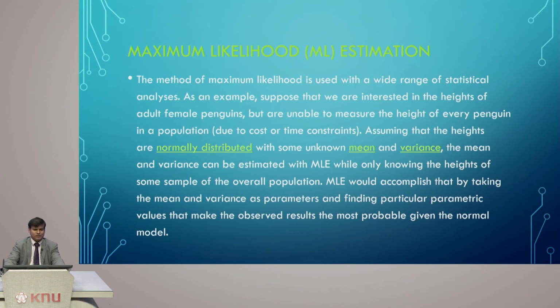So assuming that the heights are normally distributed, with some unknown mean and variance, what you can do is take a sample of the overall population. For example, if you have 100,000 penguins, you take a sample of say 1,000 penguins and try to estimate the value. The value you are interested in here is the height of adult female penguins.